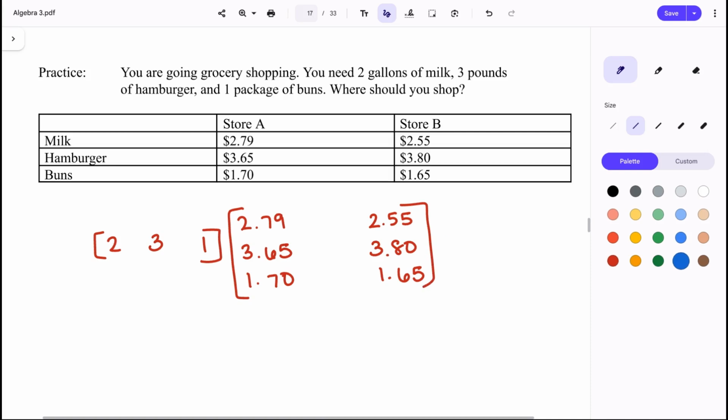So why don't you guys go ahead and take a minute there and figure out how much it costs to shop at each store, and we'll see which one's cheaper. Once you have prices for the stores, go ahead and let me know what you found.